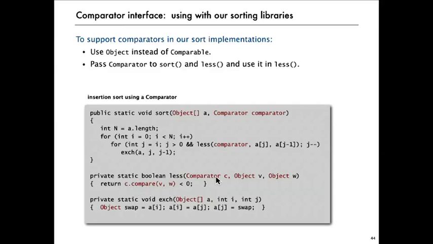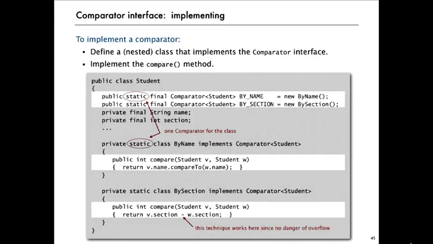This is a straightforward modification to our sorts. And then exchange, of course, rather than doing comparable, has to use object. So with these straightforward changes, add the comparator as an argument to the sort and to less, and make the array to be sorted an array of objects. It's easy to convert any of our implementations to support comparators.